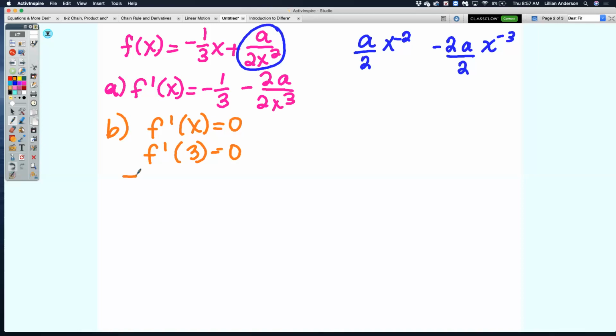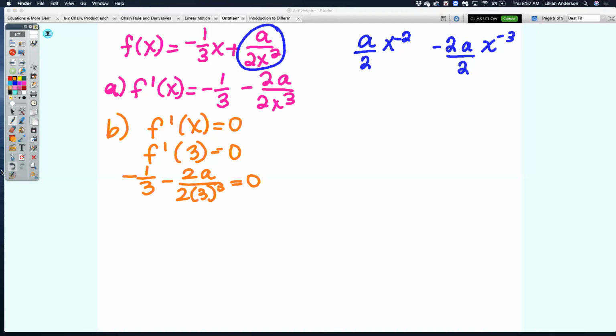So that is how we show that a is going to be negative 9, by plugging in 3 into the derivative for x and setting the derivative equal to 0.